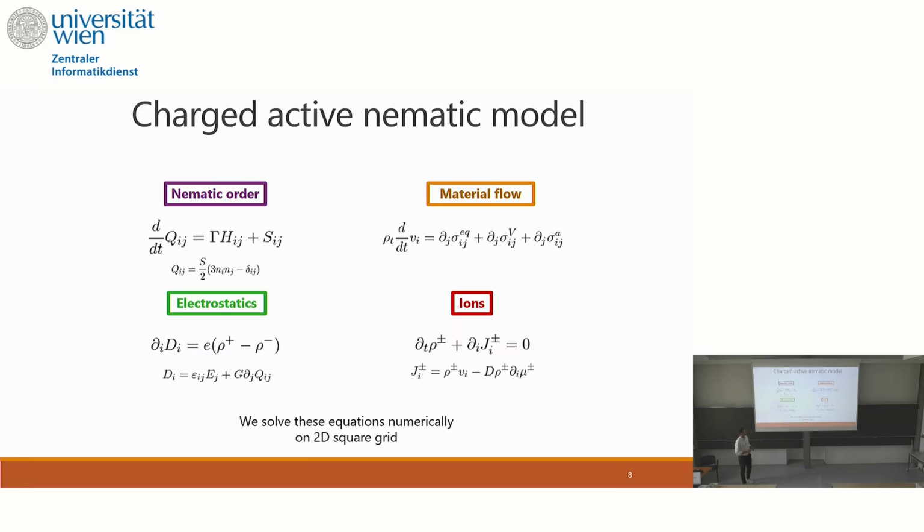Then we have the Navier-Stokes equation for material flow, where there is the equilibrium stress tensor, the viscous one, and the active one I showed at the beginning. Then I have the Poisson equation for electrostatics with flexoelectric polarization, and the continuity equation for ions, where J is the ion flux containing advection as well as diffusion.